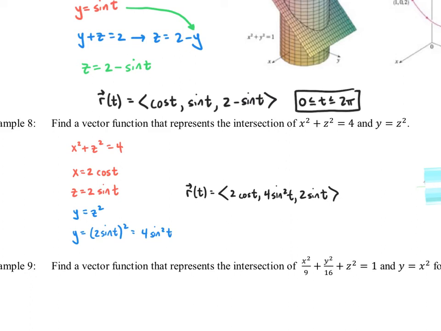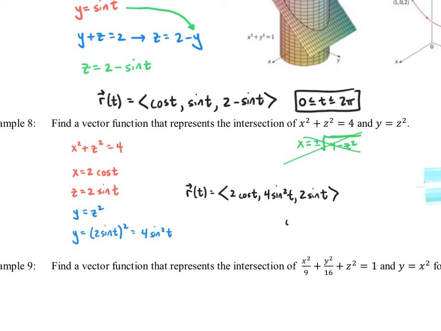If you were to take this first equation, you can't solve for x without getting multiple equations, because remember, if you were to solve for x, you get plus or minus the square root of 4 minus z squared. Well, that's going to be a huge issue. How do you come up with one single variable representation for x if you have two equations? That's something that's going to not be possible. So we're having to utilize the trig identities because of these multiple squared equations.